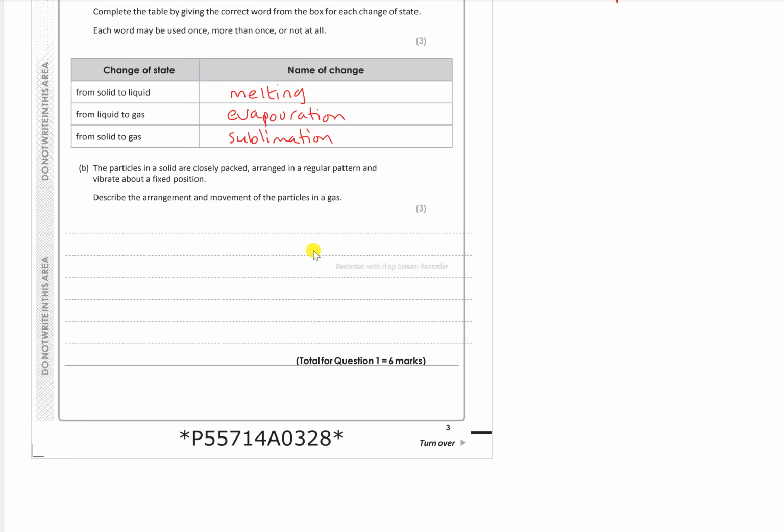Right, 3 marker. We need to describe the arrangement and movement of particles in a gas. First of all, are they regular or irregular? The arrangement of particles is irregular. The next thing is there are large gaps, they are very far apart between particles.